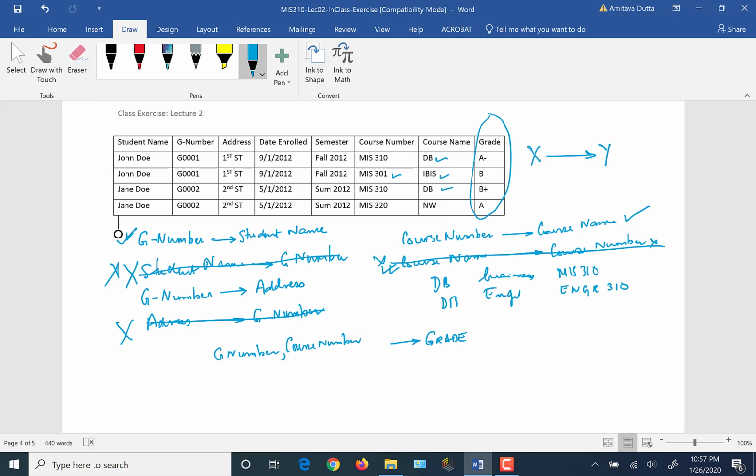But even that is not enough, because a student may take a course multiple times. Again, this follows from my knowledge of how students take courses at a university. They may take the same course multiple times. So just knowing the G number and the course number is not enough. I would need to know when they took the course, so I need to know the semester.